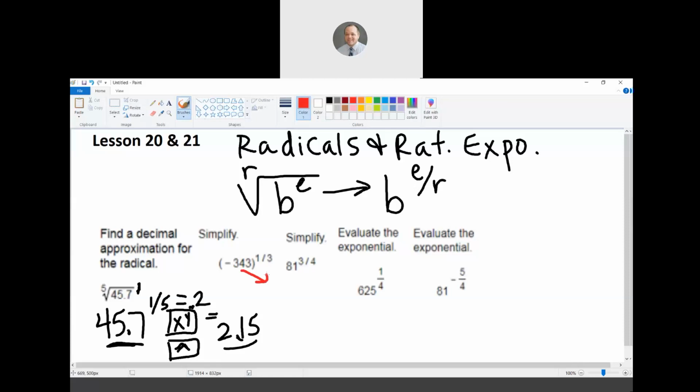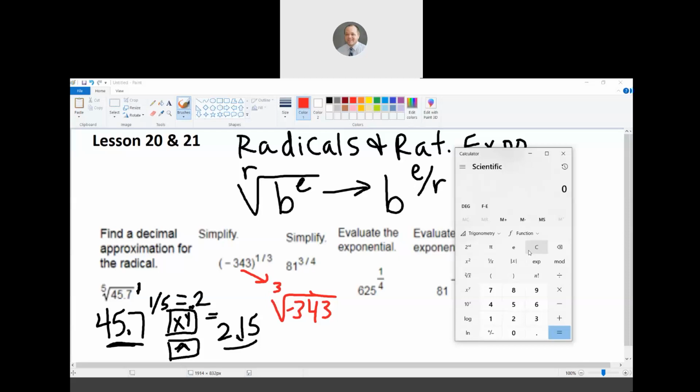So right here, this is the same thing as the cube root of negative 343. Now, many calculators also have a cube root button, so you can just enter this into your calculator directly.